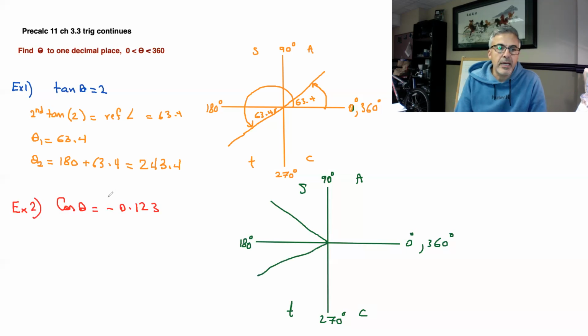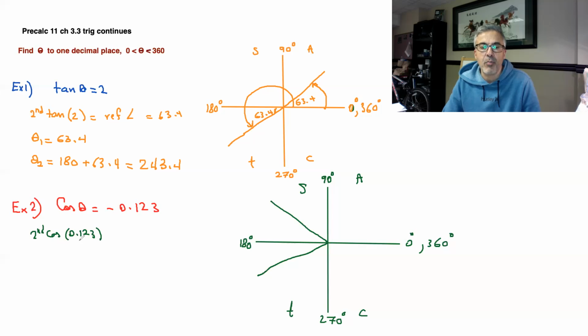Now, again, you go second cos of 0.123. We don't use the negative. That negative just indicates which quadrant you're in. Make sure you only go second cos 0.123. Otherwise, you're going to get maybe a big answer that's not a reference angle.